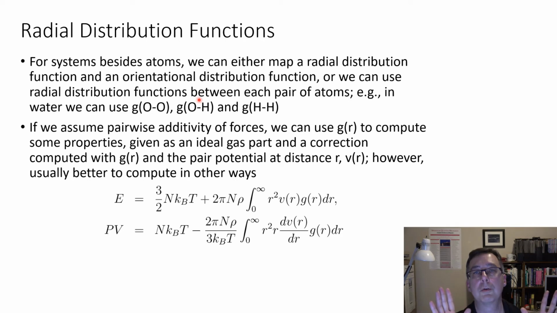Well, I could just do 3 radial distribution functions. I could have one that tells me for a given oxygen how close are all the other oxygens, so that would be an OO. I could say for a given oxygen how close are all the hydrogens, that would give me an OH. Or I could say from a given hydrogen how close are the other hydrogens. And that would give you the 3 possibilities in liquid water, for example.